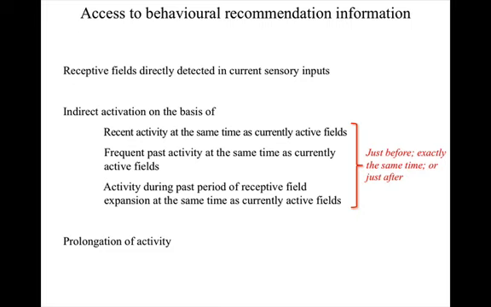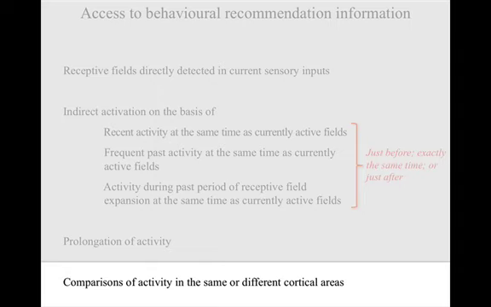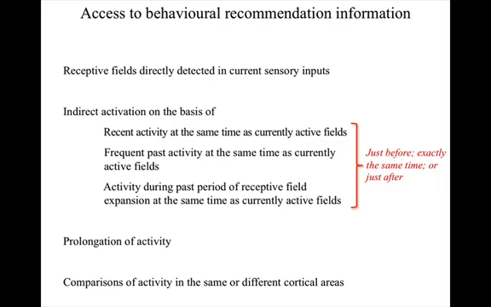However, there are some additional receptive field types that can be used because, again, they only need information readily available to neurons. One very important type is receptive fields that can discriminate between different relative degrees of activity in different populations of receptive field detections, sometimes in the same area, sometimes in different areas. And we discussed some applications of these types of receptive fields under semantic memory.